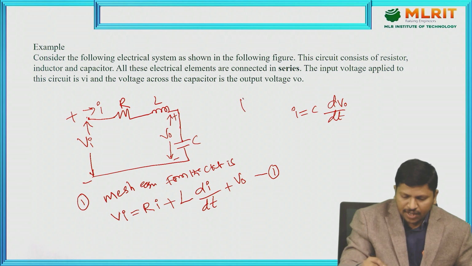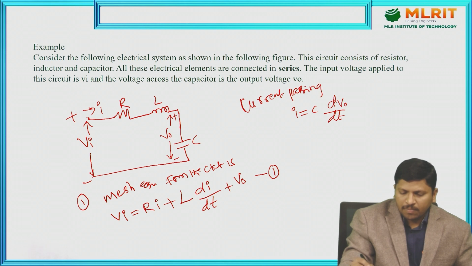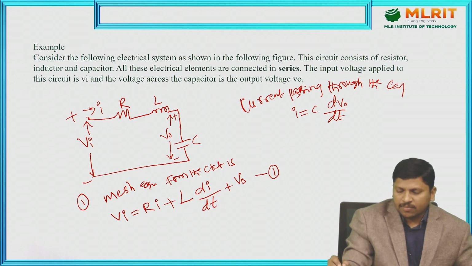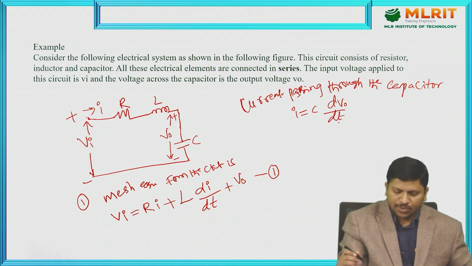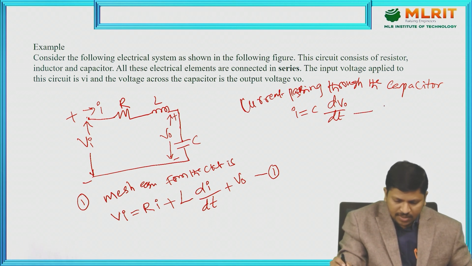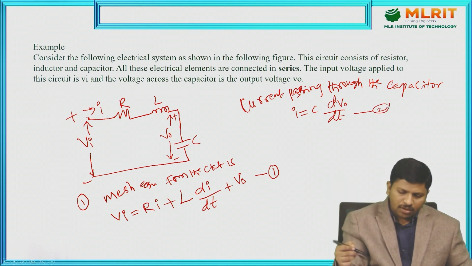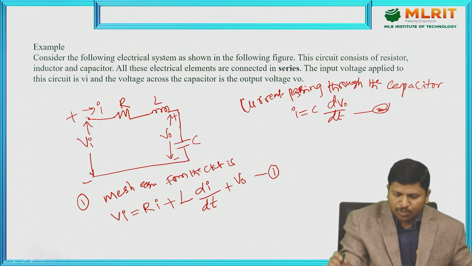This is the current passing through the capacitor. I consider this as equation 2, i equals C into dV0 by dt, no problem.